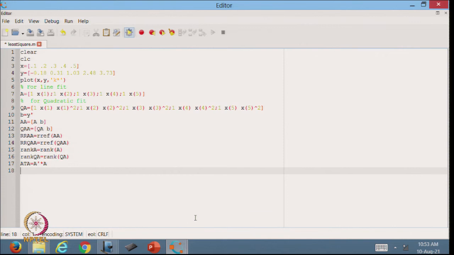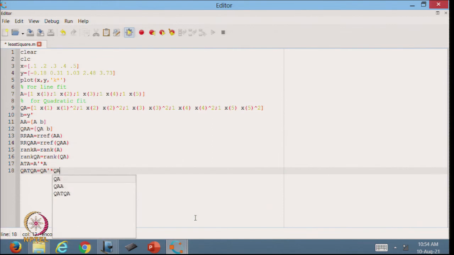Similarly, I can get the QA matrix, then the transpose of QA, multiplied by QA.